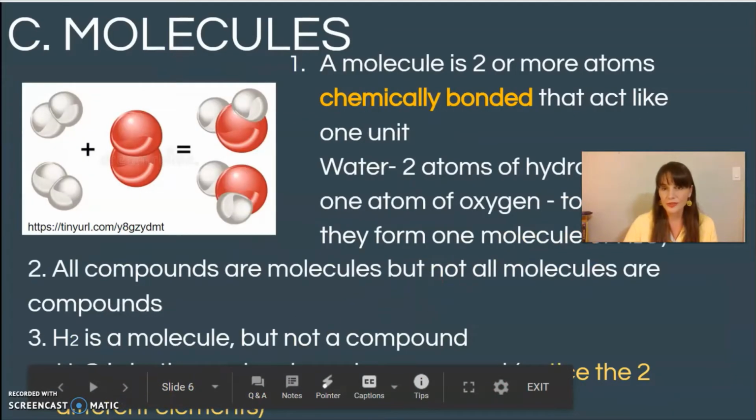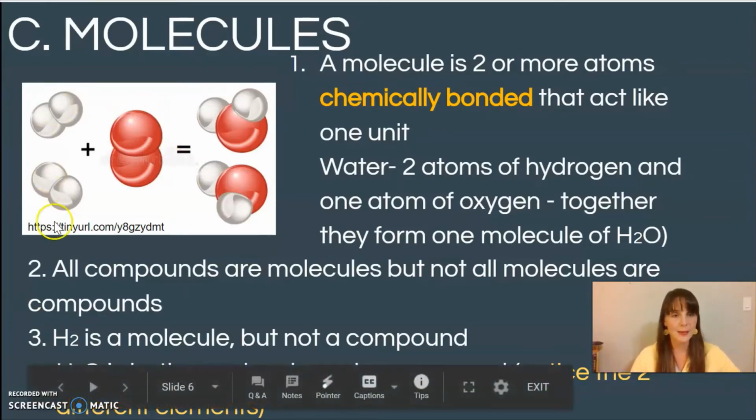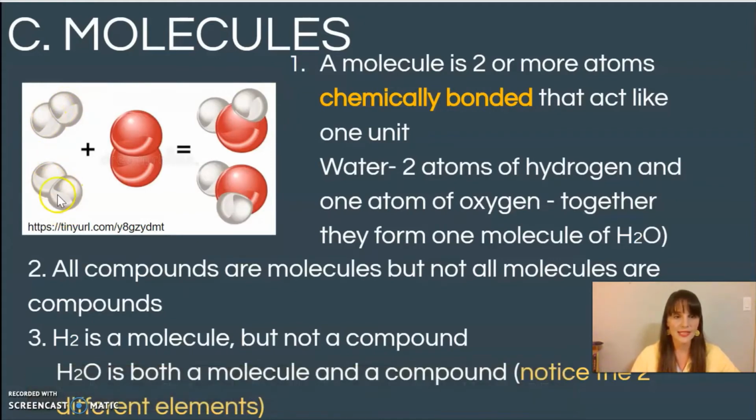Now, molecules. What do we know about molecules? How are molecules different? A molecule is two or more atoms chemically bonded that act like one unit. Water is two atoms of hydrogen and one atom of oxygen. We can see in the image here, these are hydrogens and this is oxygen, and together they make these water molecules.